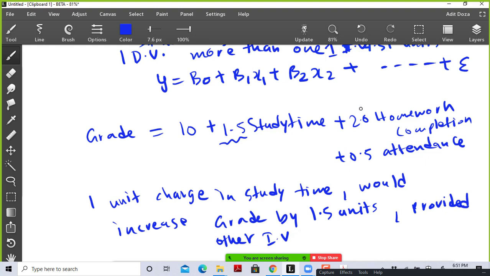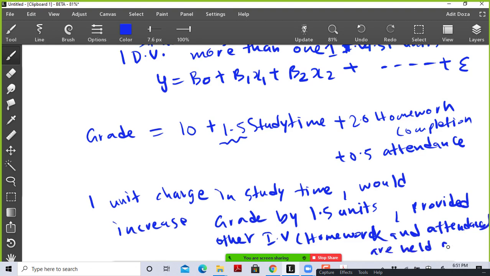Independent variables such as homework and attendance are held constant. It is important to keep the others constant. Otherwise, if they are not constant, then the grade will be impacted in a different manner.